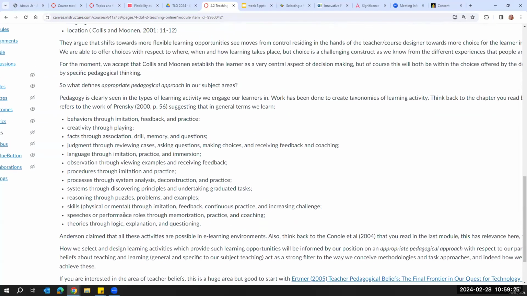So basically, pedagogy and the different approaches provide an understanding of how you can organize your teaching in a way that promotes learning. And that learning could be linked to this list of different ways in which we learn.